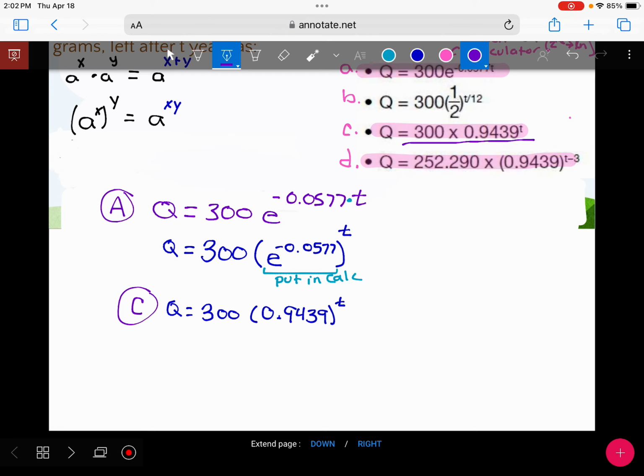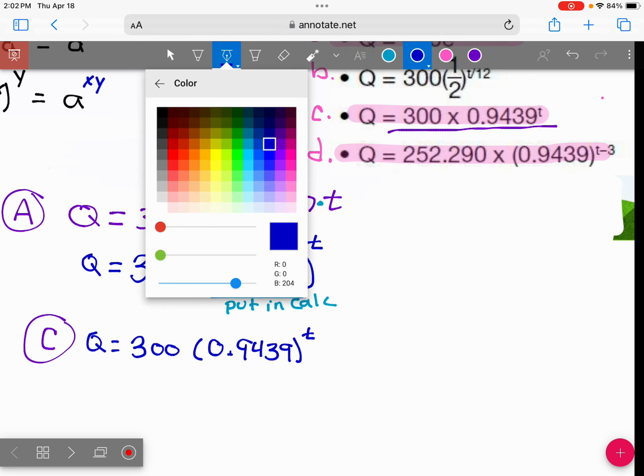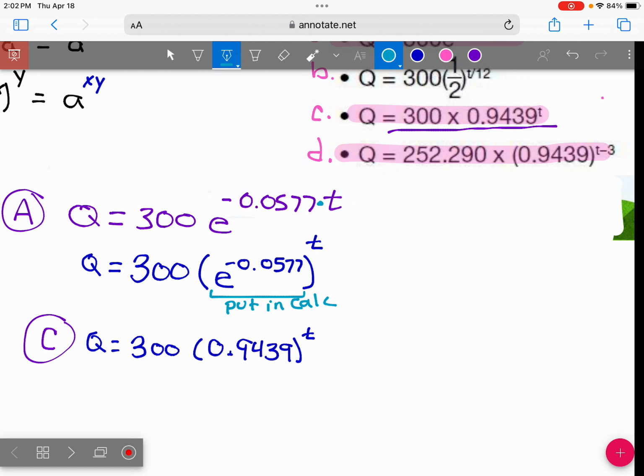We can do a very similar thing with equation D, except instead of it being adding my two exponents together, it's subtracting. So we can look at equation D and do the very same thing. I need another color that's a little bit different. Let's go, we'll do it here.